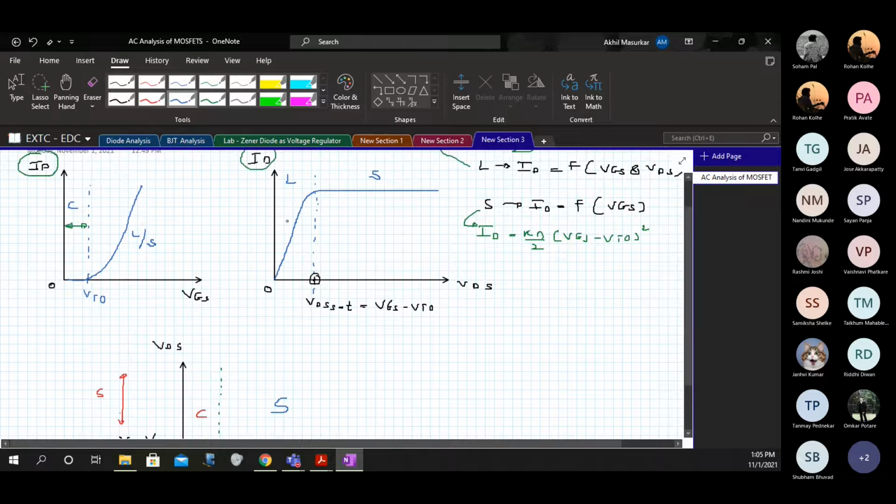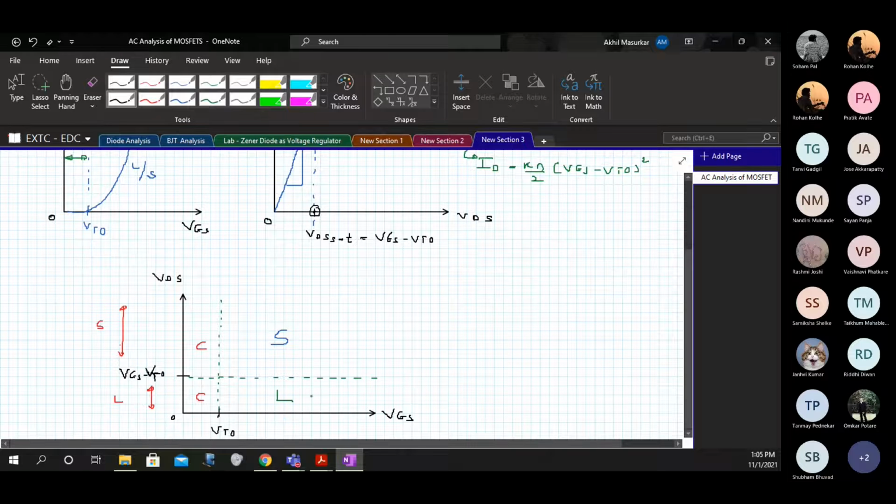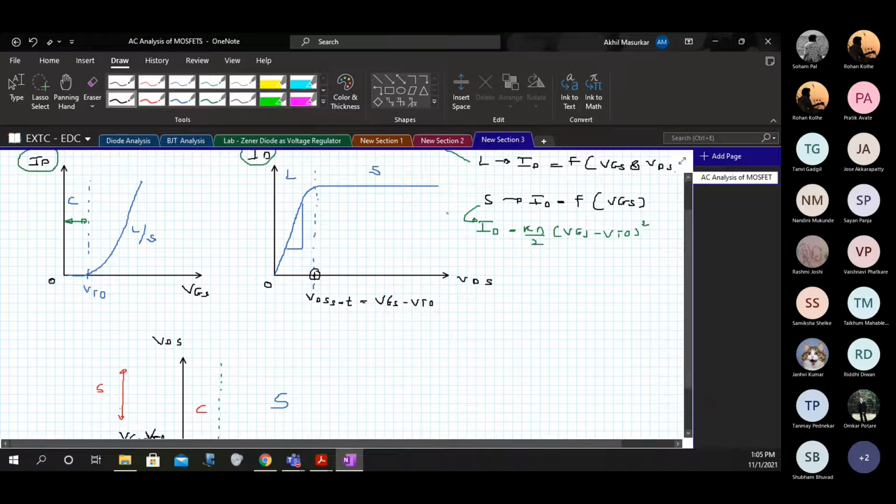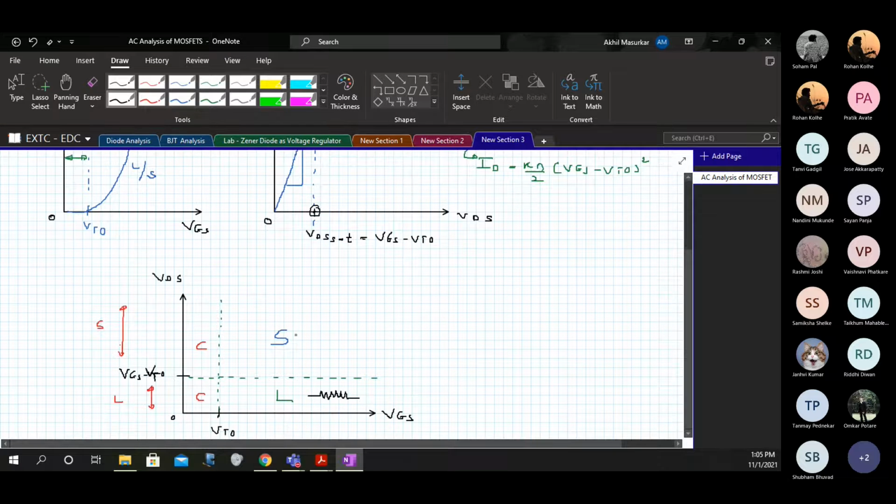You can observe that current is varying linearly with voltage. So in this region, the MOSFET operates as a resistance, and in saturation you can see that the current is constant. So here the MOSFET will behave like a constant current source.